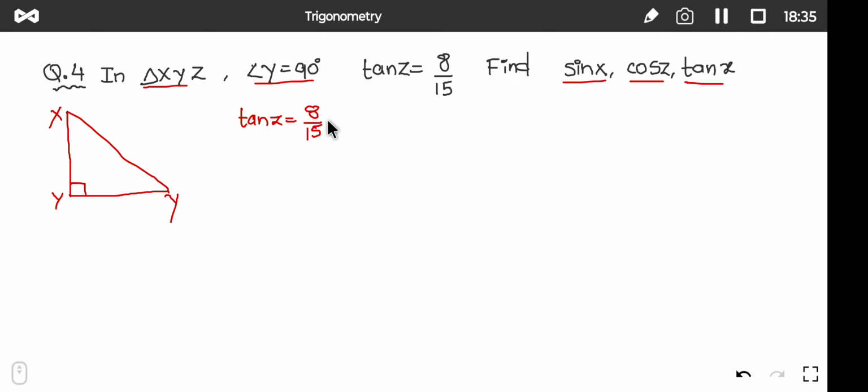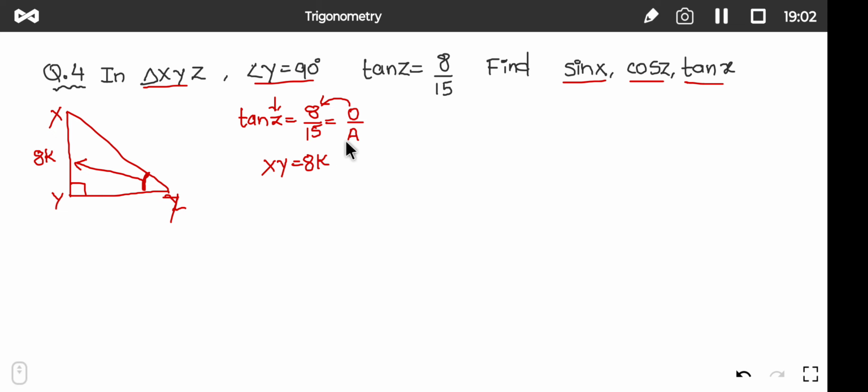So we know that tan is nothing but opposite upon adjacent, from which angle? Z. So let's say our z angle is here. So opposite side of the angle z, that is nothing but xy. So let's say that is 8k, opposite side is 8, so xy is equal to 8k.